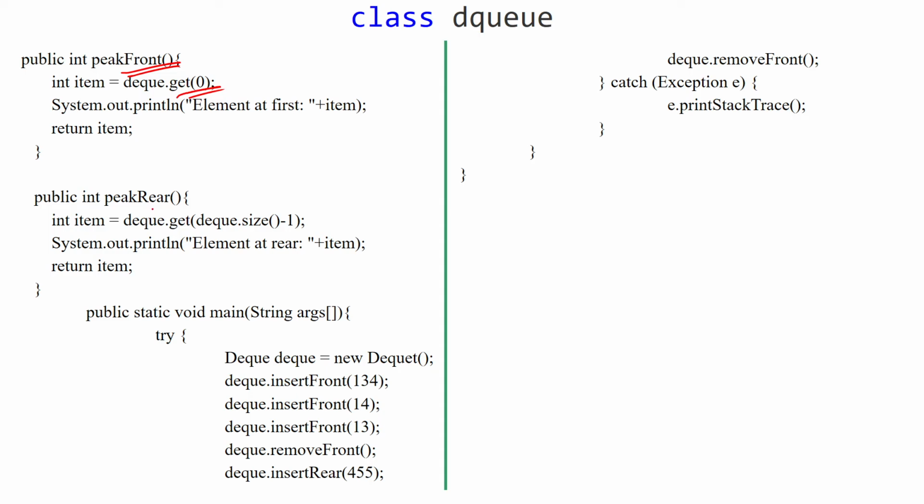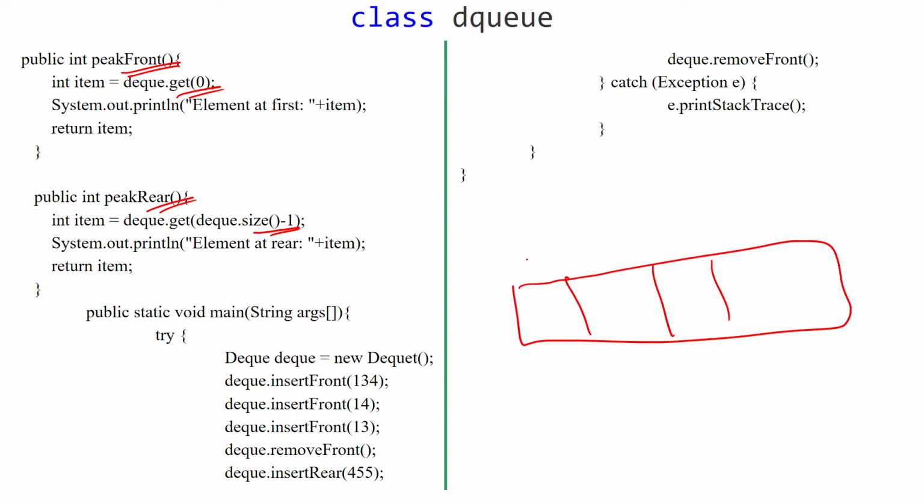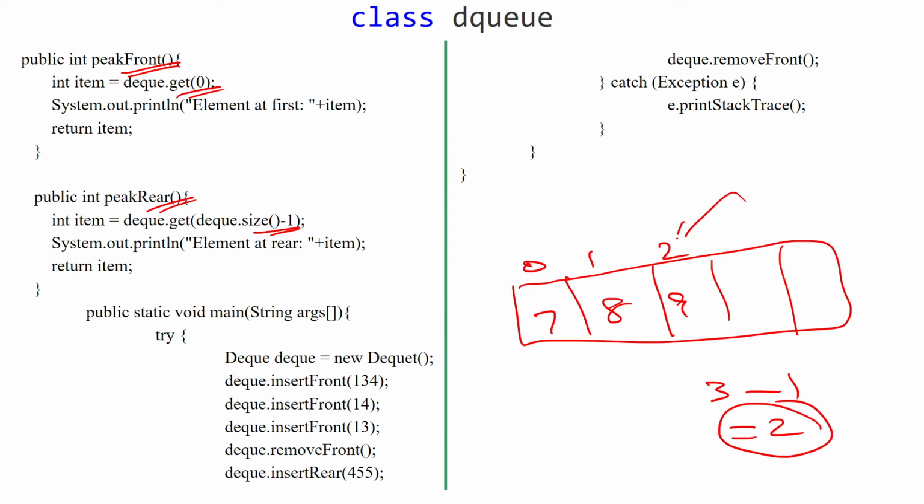And if you want to access the last entered element, we can access the number of elements minus 1, because the Deque here is implemented using an array. So 0 1 2, suppose the number of elements is 3. So 3 minus 1 will be 2. So location 2 is the last. That is indicated here.